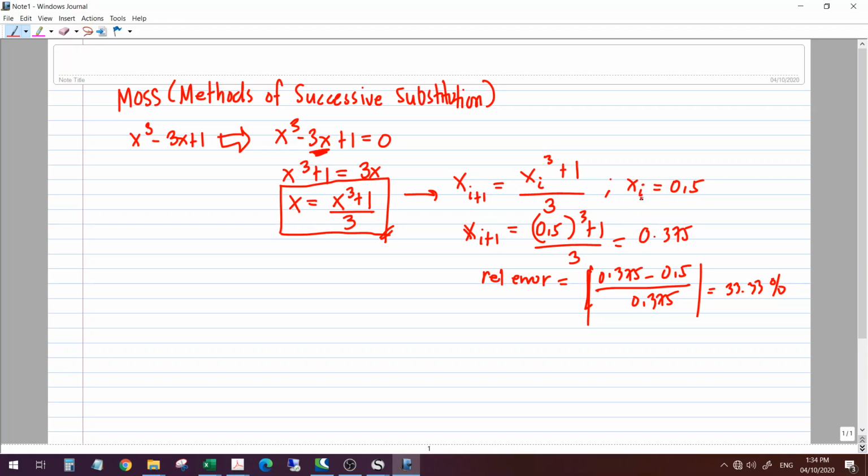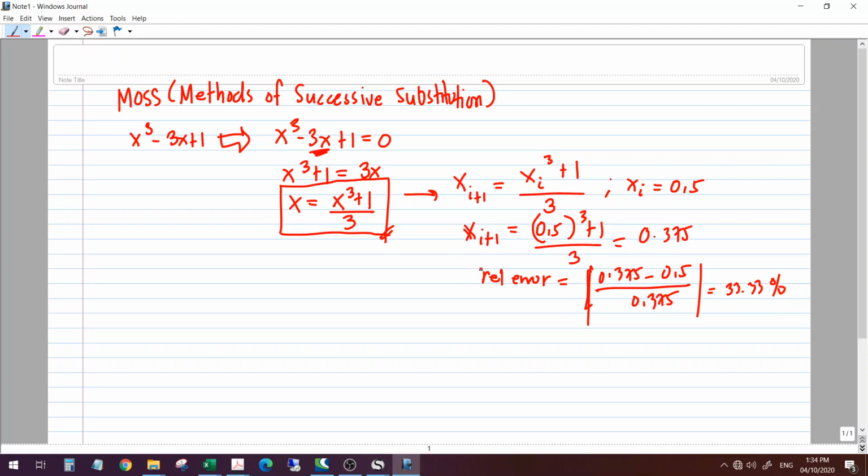So we will start with the starting value of x sub i, say 0.5, and then use that to compute x sub i plus 1 according to this equation. So 0.5 cubed plus 1 all over 3 is 0.375. And then find out the relative error. So our final value, 0.375, minus the initial value, 0.5, all over the final value, 0.375, we get a relative error of 33.33%. Okay, then we do that successively.